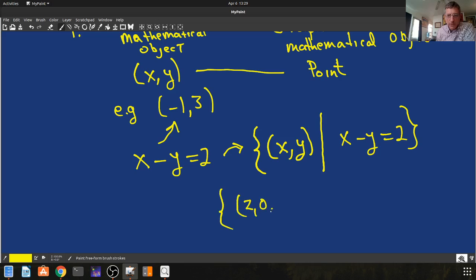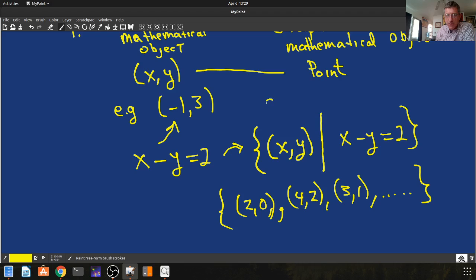For example, the set will contain 2, 0. That's one ordered pair. 4, 2. That's another. 3, 1. That's another. And just a whole bunch of ordered pairs. So those are some of the elements in this set.